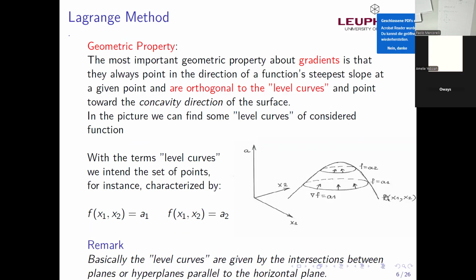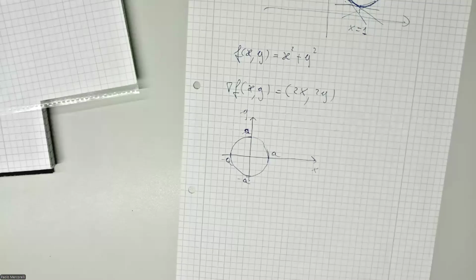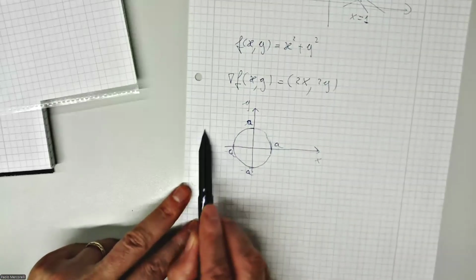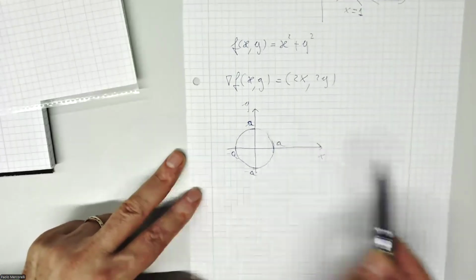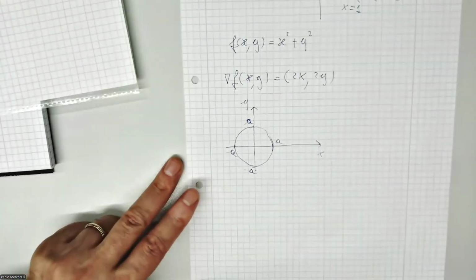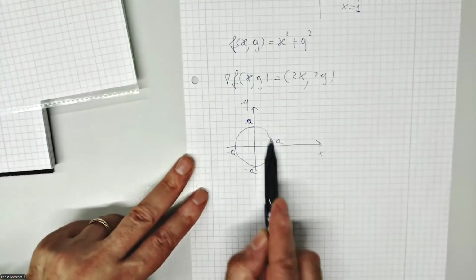I put a equals c. If you want, I put a, probably it's better: a, minus a. Of course, the representation of the level curves is in the plane x1 and x2. In our case, it is in the plane x and y. Think about something which is growing up, and if I cut at level z equal a, this is the representation.